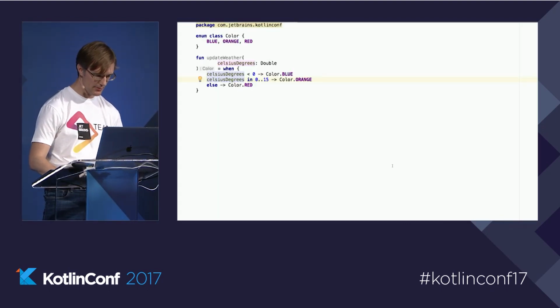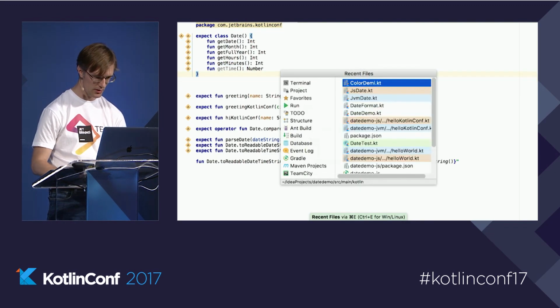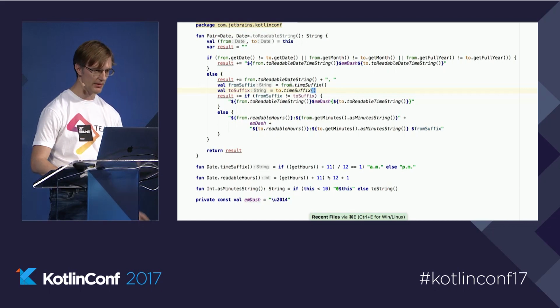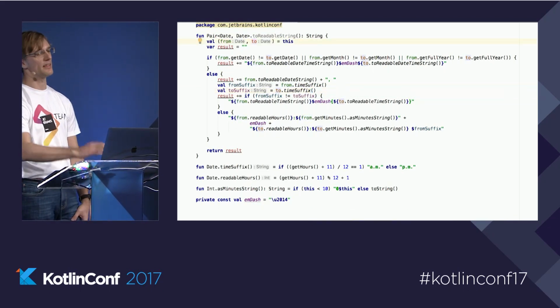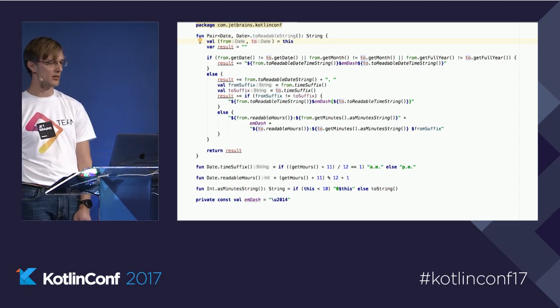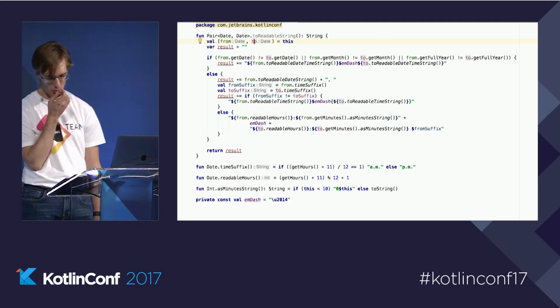For example, here I have from and to, two different variables. This feature automatically assigns distinct colors to them, so it's very easy to see which is which and how you deal with that.